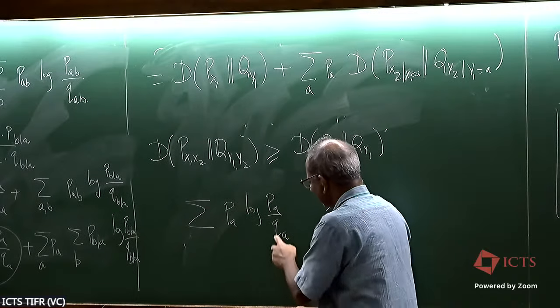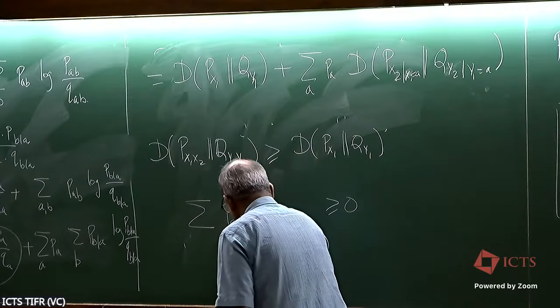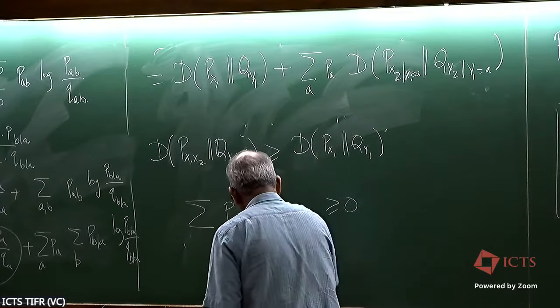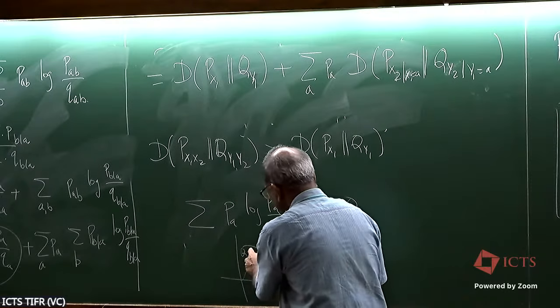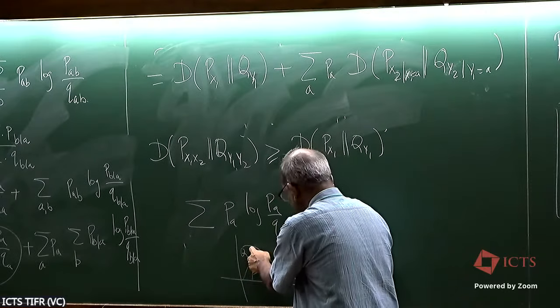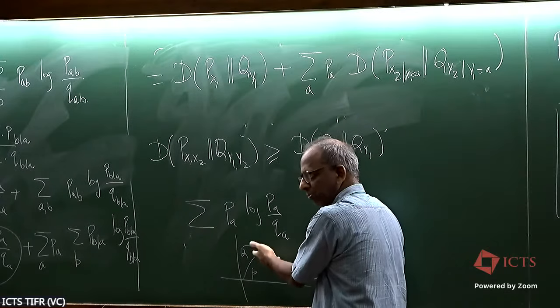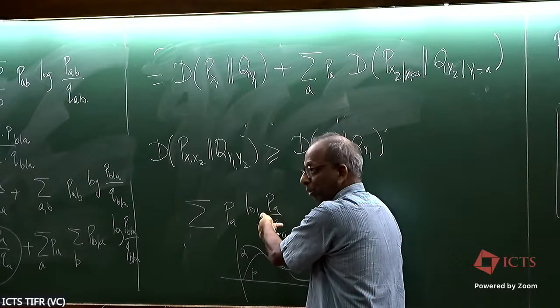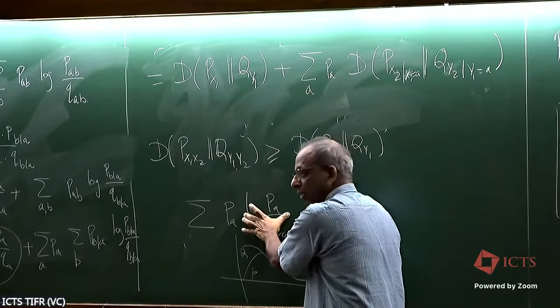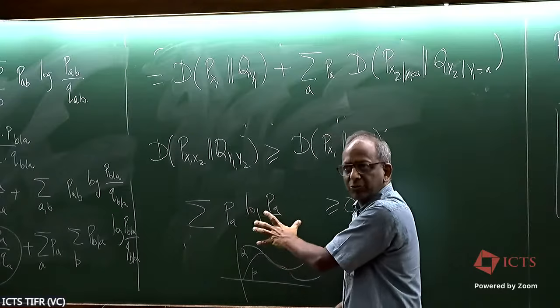Here, you have two distributions, P and Q. Sometimes Q may have larger probability, sometimes P may have larger probability, so the log of this ratio can be positive or negative.